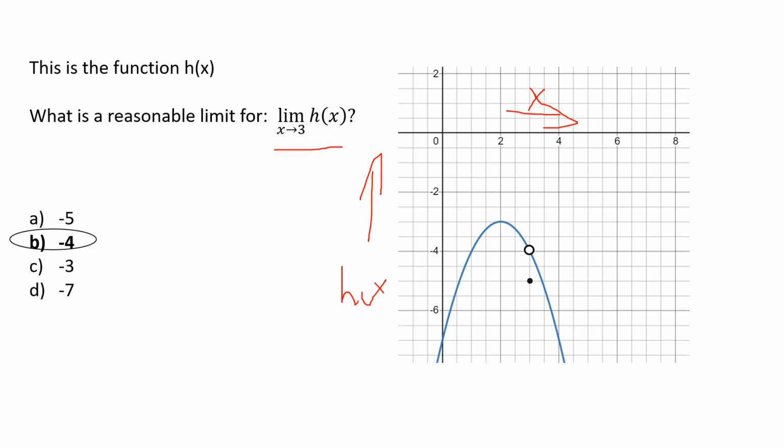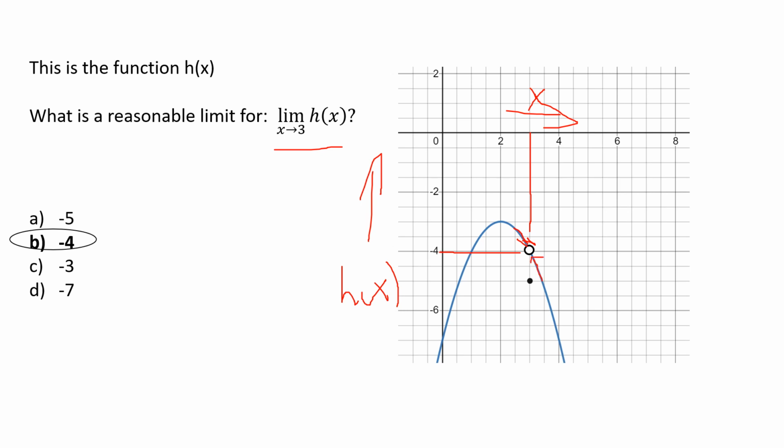There's only the y-axis. And as x approaches 3 right here, this is interesting, because this is close, it's approaching 4. Now, it doesn't exist at 4, but it's approaching 4. From this side, that's my h of x, and from this side.